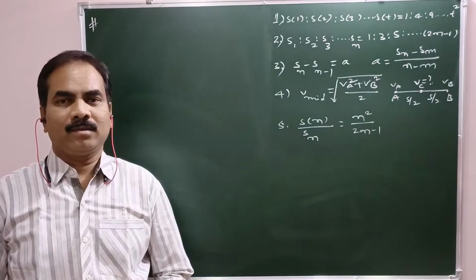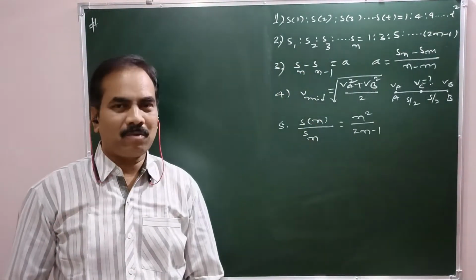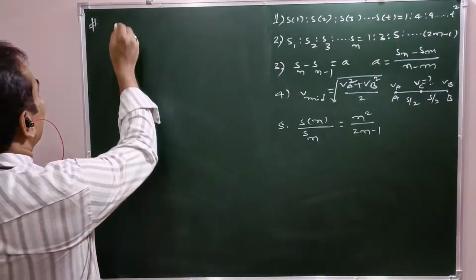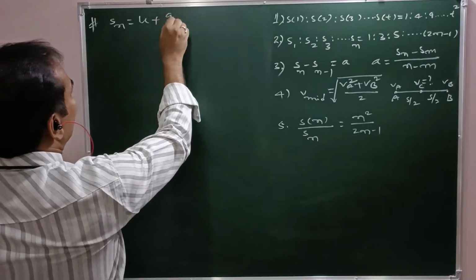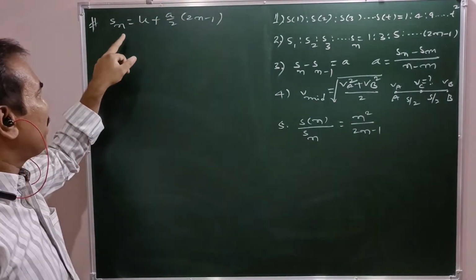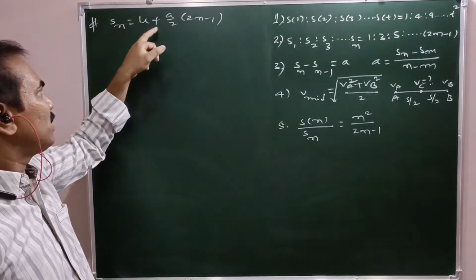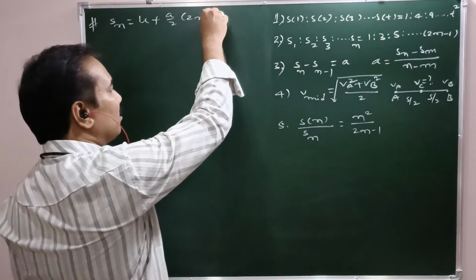Okay, that is the third result, that is sn minus 1 equal to a. So what is the expression for sn? Sn equal to u plus a/2 into 2n minus 1. So distance covered particularly in nth second is u plus a/2 into 2n minus 1. Okay, right?